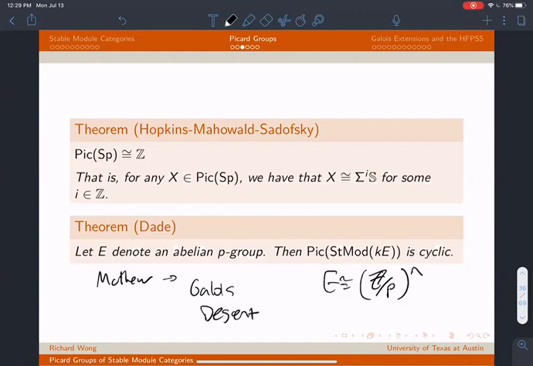Sorry, I have a question. You said elementary abelian, but you wrote abelian. Does it hold for Z/p^n, for instance? Yes. It turns out that the homotopy groups are going to be the same, so you can do similar things. I think that's right.